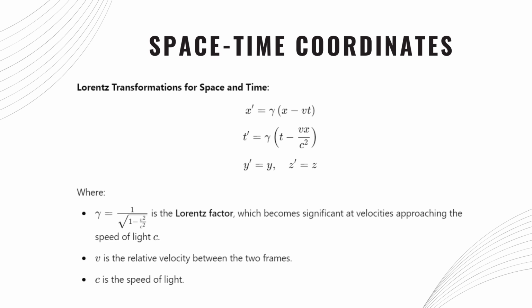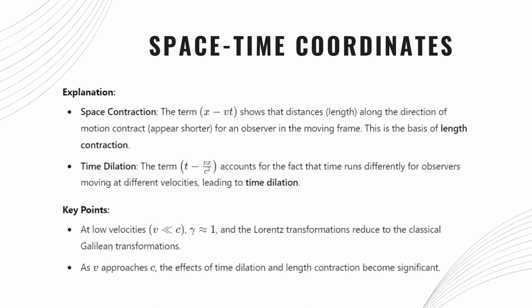Lorentz transformations for space and time, where gamma is the Lorentz factor, which becomes significant at velocities approaching the speed of light. v is the relative velocity between the two frames. c is the speed of light. Explanation.